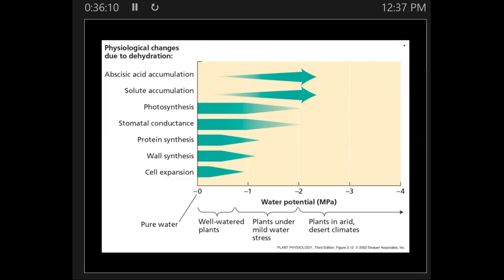And then as it starts to taper down into a point, that means it's starting to taper off. So they're saying photosynthesis is definitely crashing at about a water potential of negative 2 megapascal. Protein synthesis is even more sensitive, as is cell wall synthesis, cell expansion. Those start to tank pretty quickly at modest water potential.